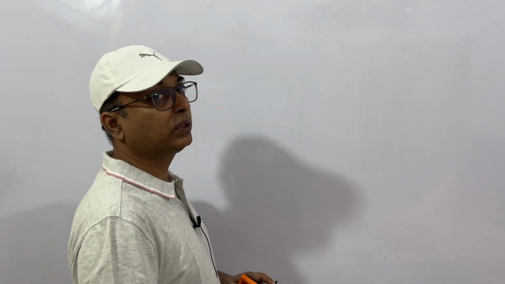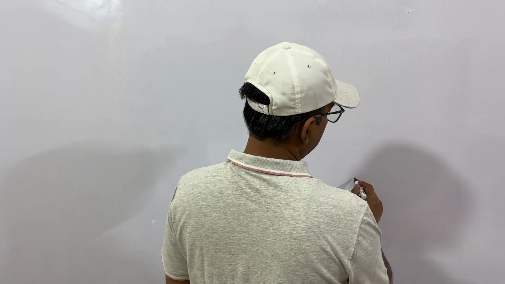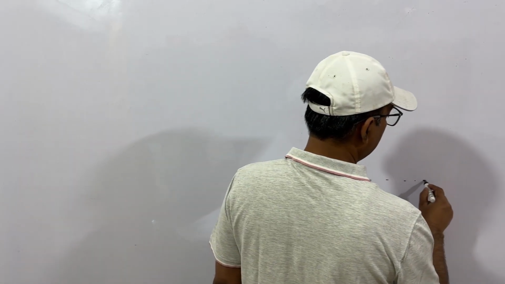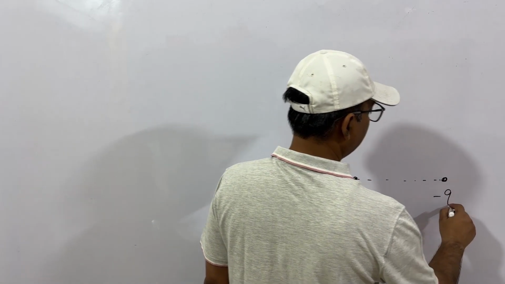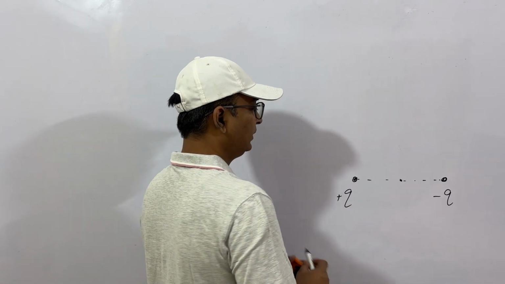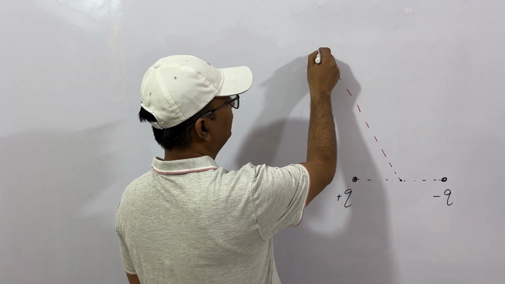Okay. Now let's see what is the electric potential due to an electric dipole. We have plus Q and we have minus Q. So this is a dipole. This is its center. Let's say we have to see at this point.